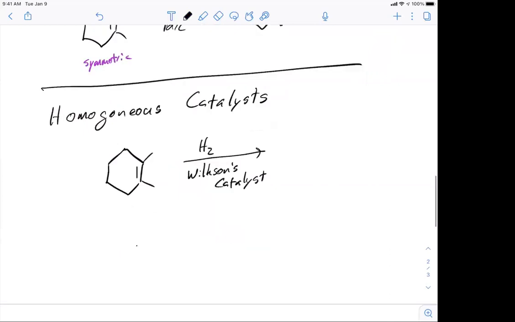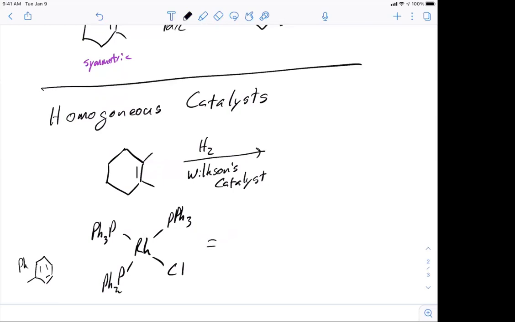Wilkinson's catalyst is rhodium with a chlorine. So we've got these three triphenylphosphine ligands. The phenyl is this group, right? So you can see this is a big organic molecule with a rhodium in the middle.